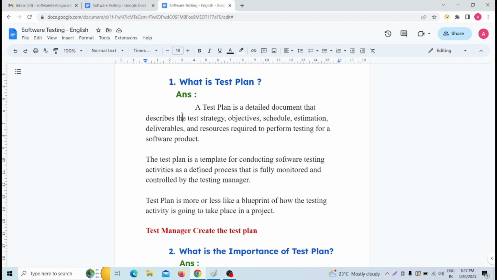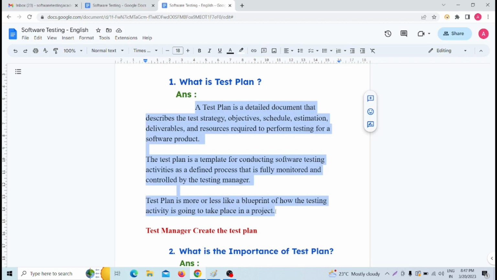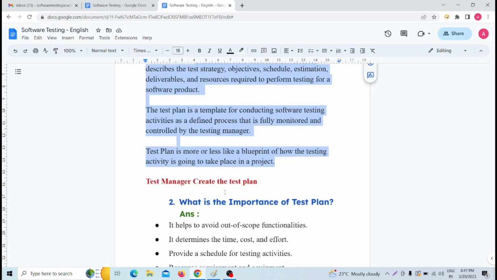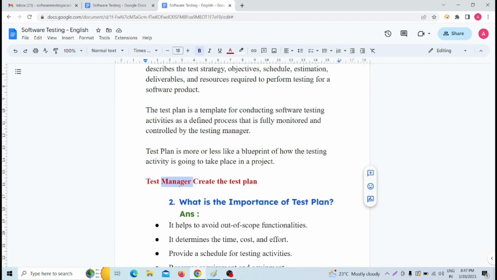Basically it's a template for conducting software testing activities, and also a blueprint of how the testing activities are going to take place in a project. That is called a test plan. So now you are clear about what a test plan is. Now, who creates the test plan? The test manager creates the test plan.